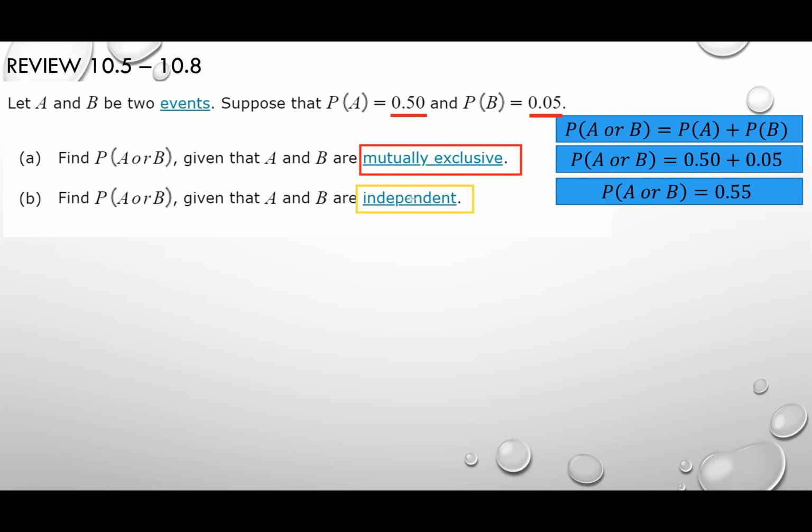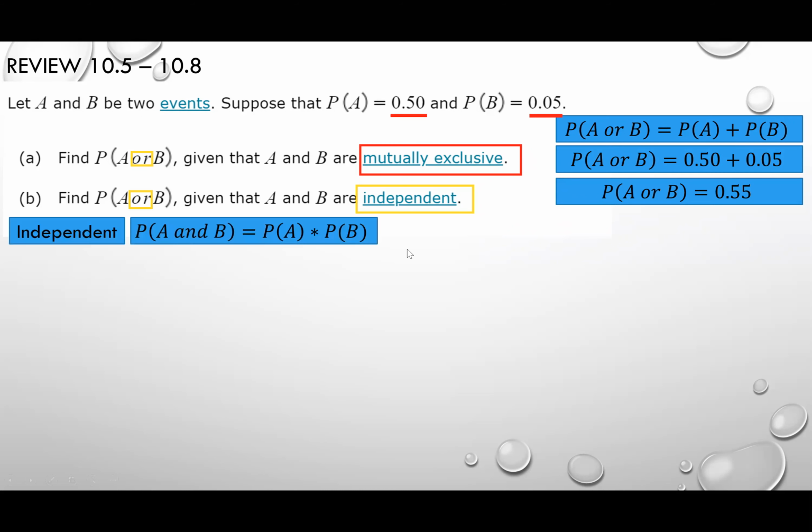So what does independent mean? If you look at this, they ask you to find the same thing. They ask you for A or B. To do this, go to the independent item.